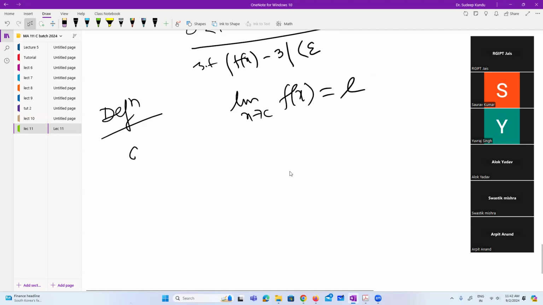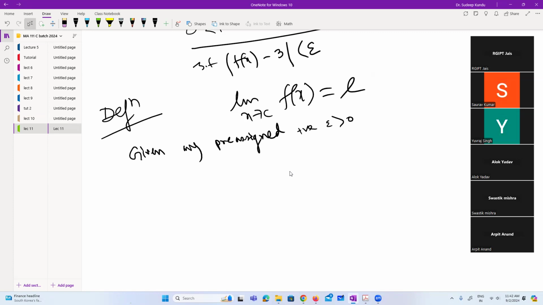So what should I write? Given any epsilon, there exists a positive delta, right? That means delta should be positive.